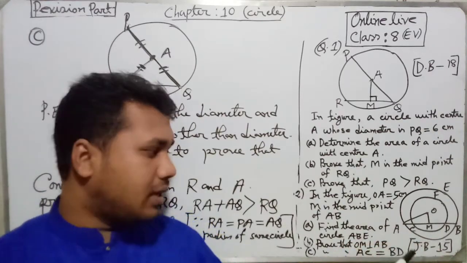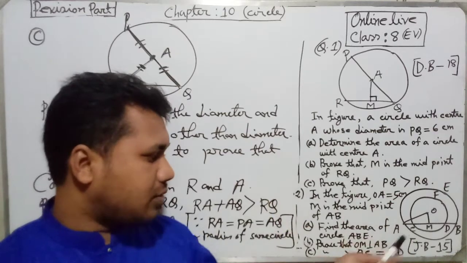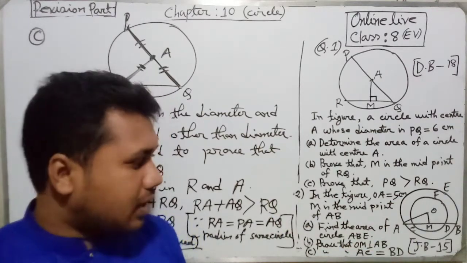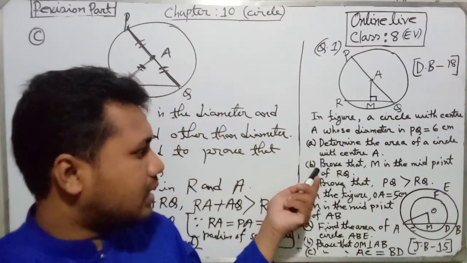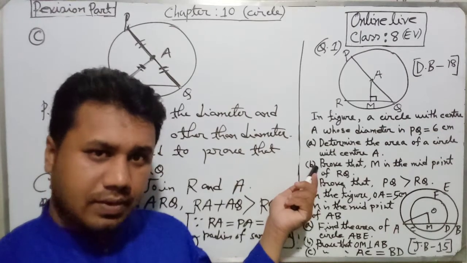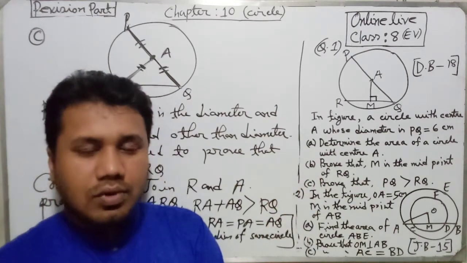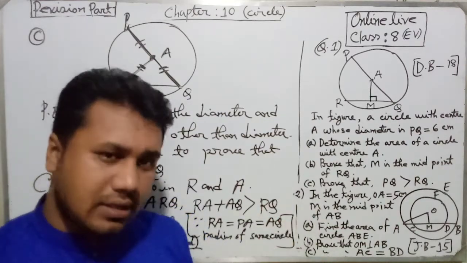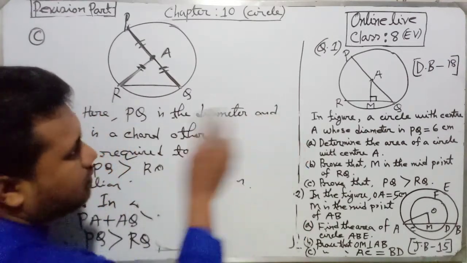In our math book, exercise chapter 10, in any exercise you will get this one, AC equal BD. Already we solved. And B number, this is our theorem 1 in our math book, and this is the converse theorem of theorem 1. Clear? So B and this B, they are similar ones. So I can give some hints, then you will be able to solve it.